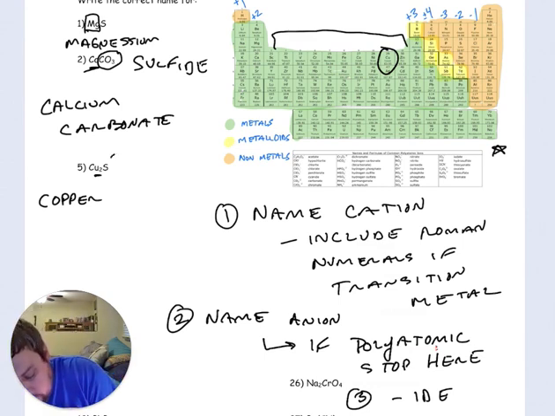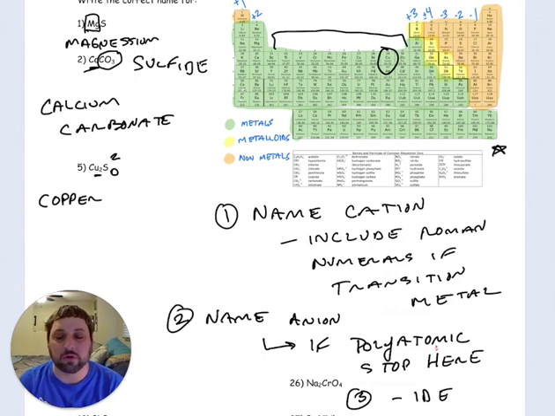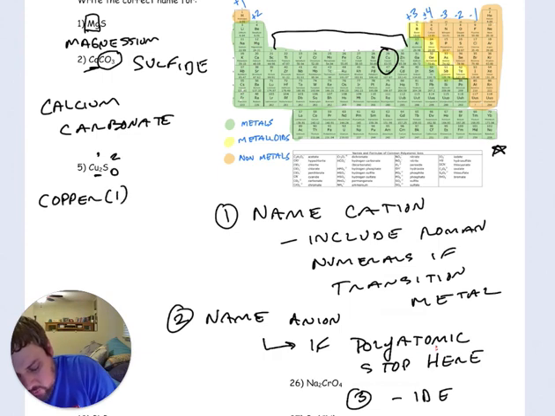So that 2 was originally the charge of sulfur, and since we have no number outside of sulfur, that means it was a 1. So the copper's charge is copper 1. Okay, and all of the steps from here remain the same. So let's look at what's left.